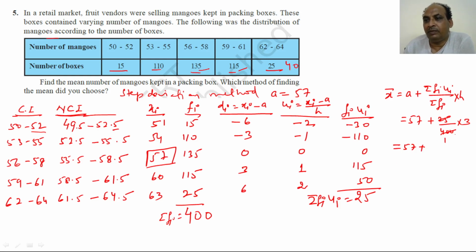So 150, 25 into 6 is 150. So 3 by 16. Okay, yes, it will also come in decimal only. So now 57 plus 3 by 16.